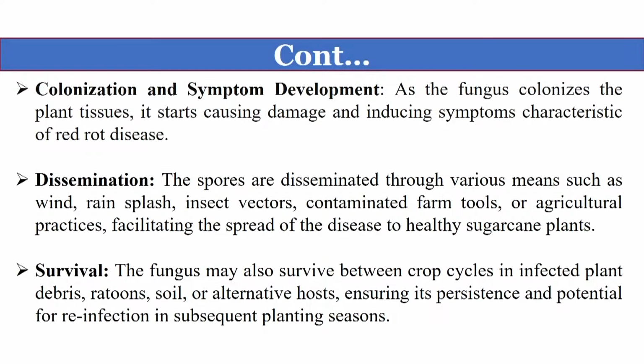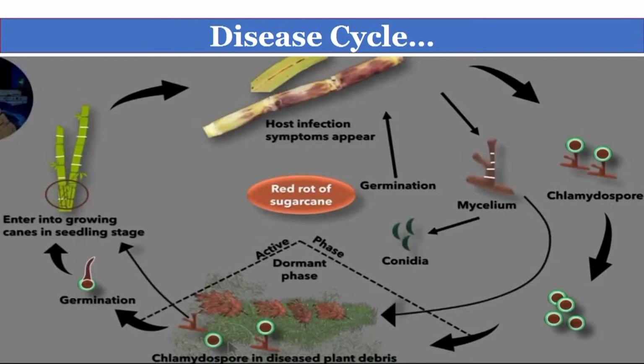After harvesting, infected crop debris like stubbles, leaves, and ratoons remains in the soil, and some alternative hosts are also responsible for harboring the pathogen, ensuring its persistence and the potential for reinfection in the subsequent planting season. These are the life cycle of the red rot of sugarcane, Colletotrichum falcatum, and I have discussed it in detail.